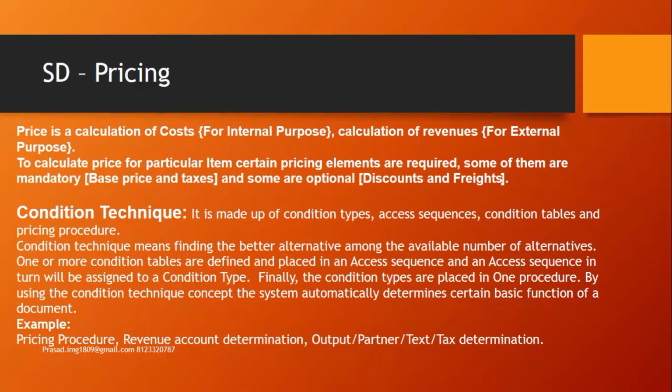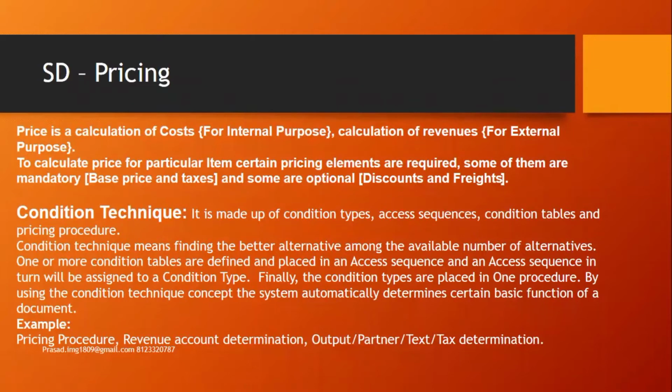Which is the best one for the customer? Out of these three conditions, the system will find out the best among them, like 500 rupees customer material discount, where the customer will get the maximum discount among all three. Hence, based on the condition technique process, the system finds the better condition record for the particular customer discounts.